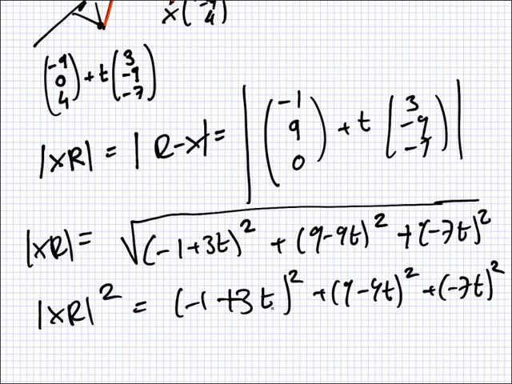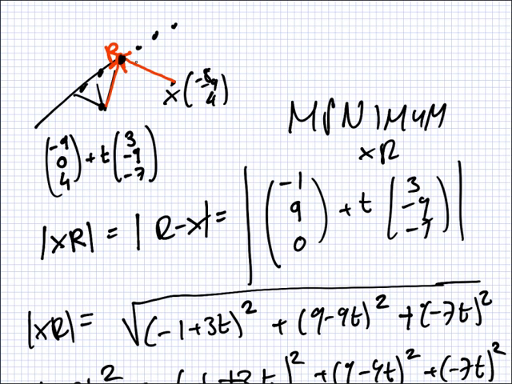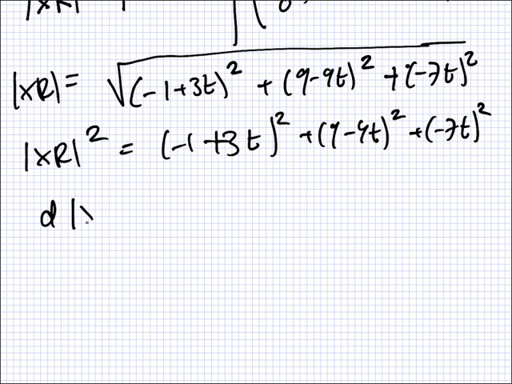And we want the minimum XOR. We want this to be minimum. Understand? So then I do this.